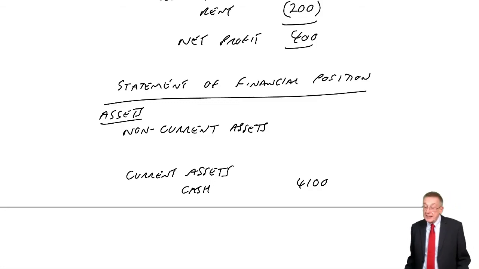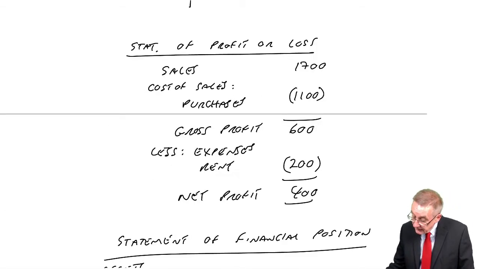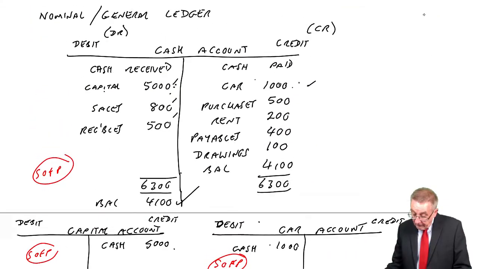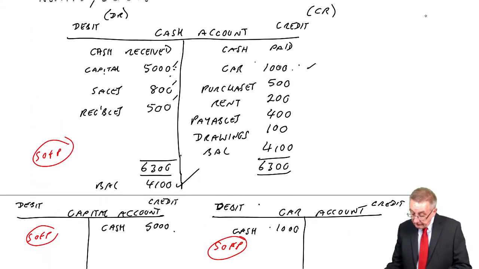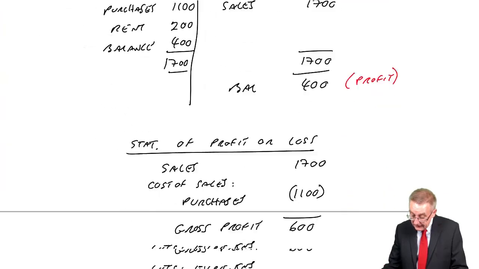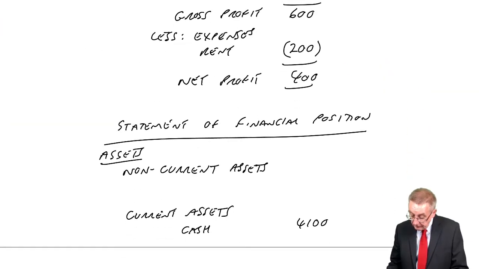All I'm doing is listing it. Any others? I'm just going for assets at the moment. So capital isn't. Car is an asset. Let's list it. It's a non-current asset. Any more?